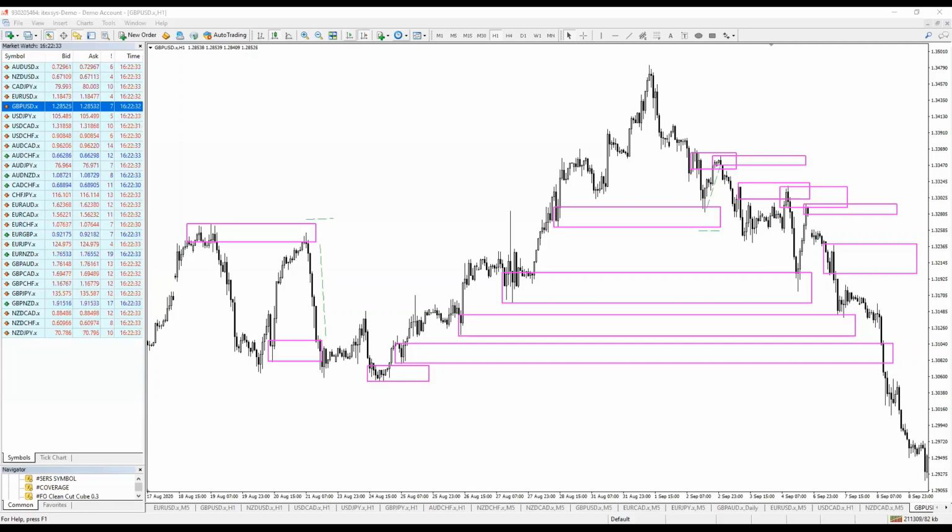Is trading with supply and demand the best strategy? If so, then could we use Fibonacci with it to give good results or not? Like I said, I'm not saying supply and demand is better than anything else.